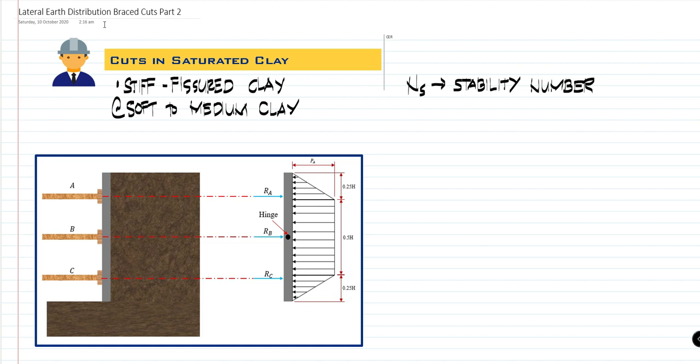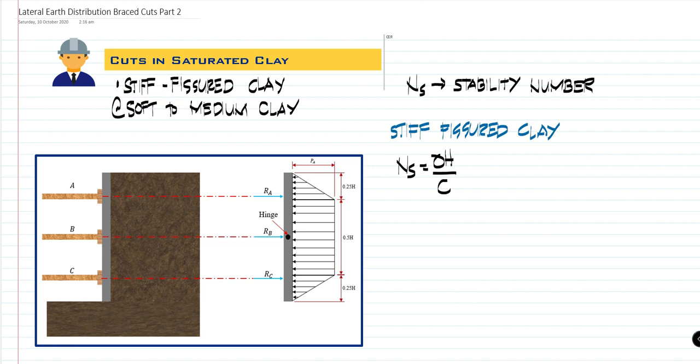So, punta tayo on the part of the stiff fissured clay. Sa stiff fissured clay, sabi natin doon, kailangan natin ng stability number which is N sub S. And the formula for that stability number is equivalent to gamma H over C.